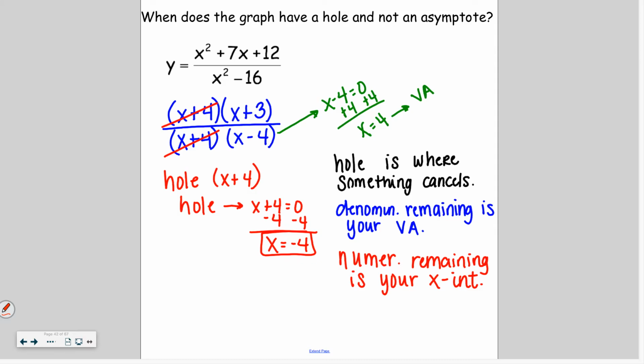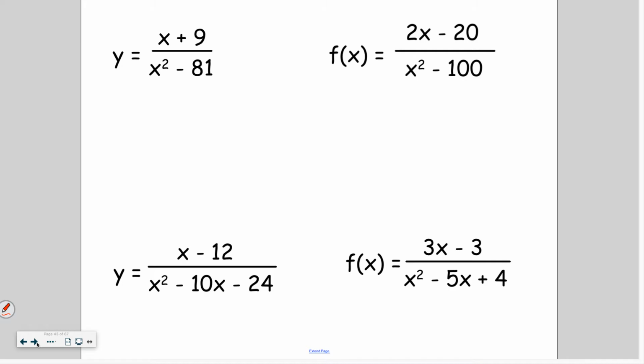Okay? All right. So let's look at this. Let's factor. This becomes x plus 9, x minus 9. Now, what cancels? The x plus 9, so we have a hole. x plus 9 is equal to 0.